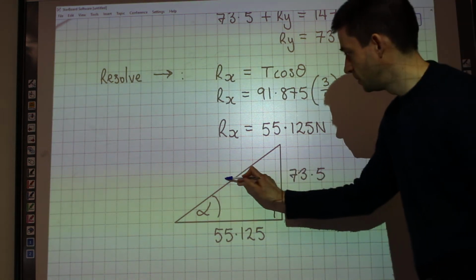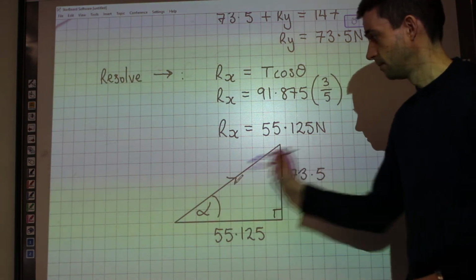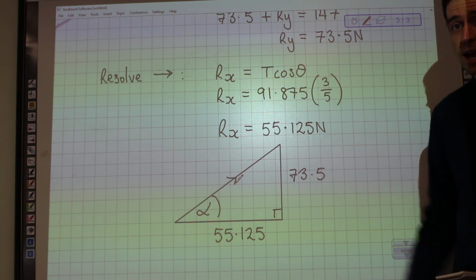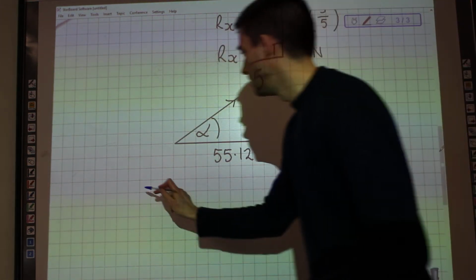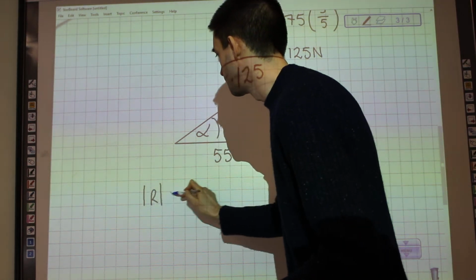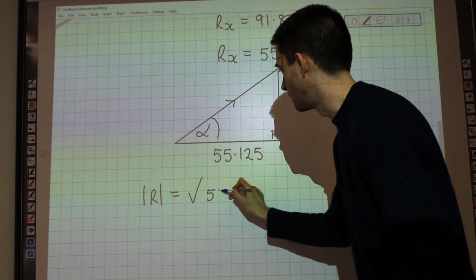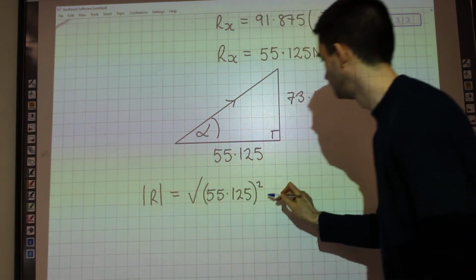The magnitude is the size of the force, which is the same as this value here, and the direction is going to be the angle alpha. So hopefully you're happy that for the magnitude of the force, we would do Pythagoras on this because we are working out the hypotenuse of a right angled triangle.